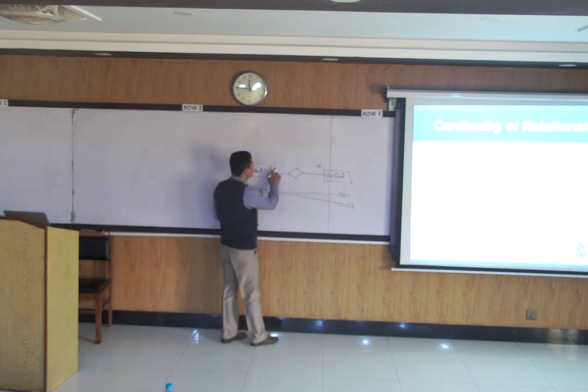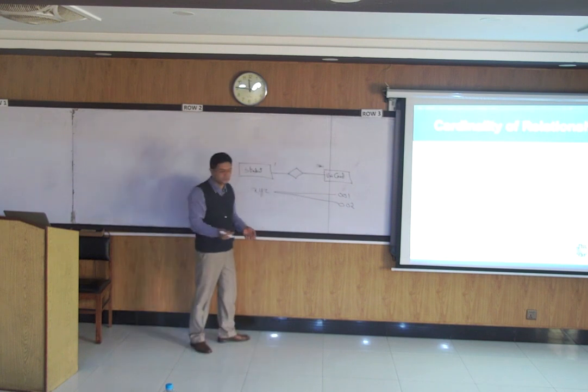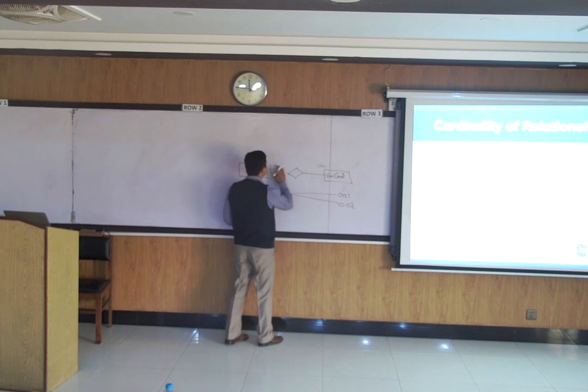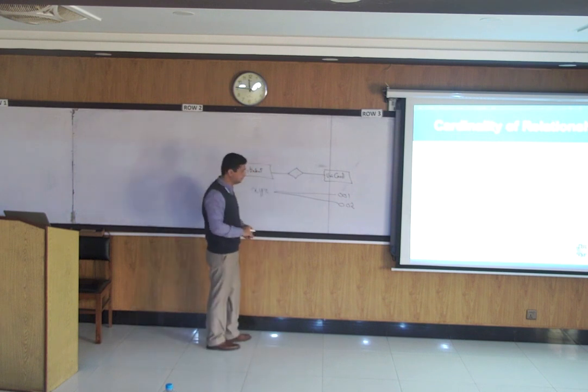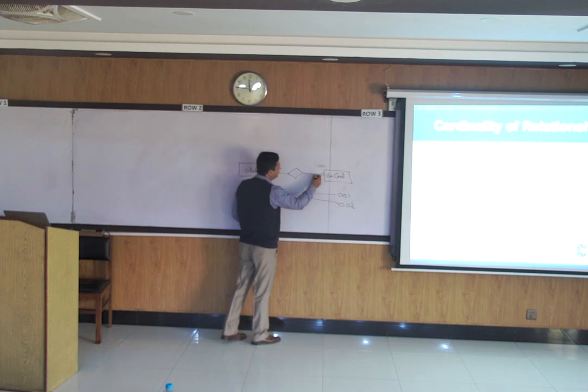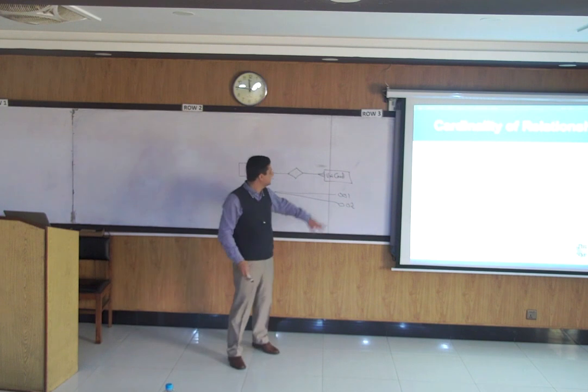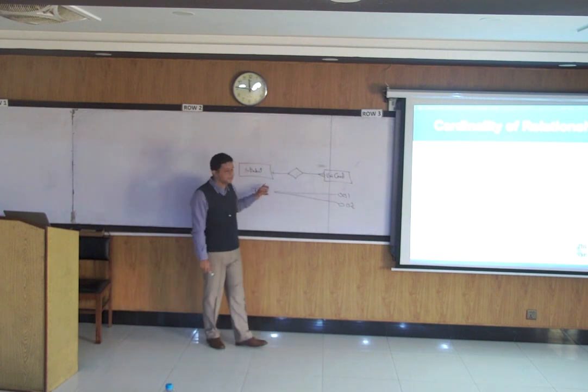This is one notation. We can write one and asterisk. This is another notation. Another notation is known as crow's foot notation, that is widely used, and that is writing one here and using this notation here. So this notation shows that this side is a many side while this side is a one side.